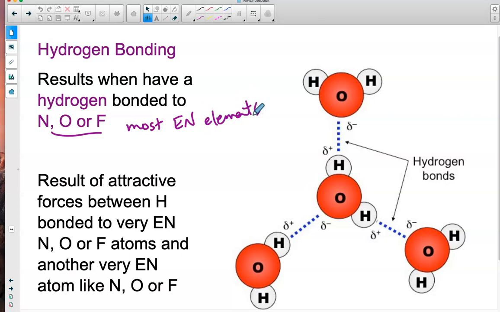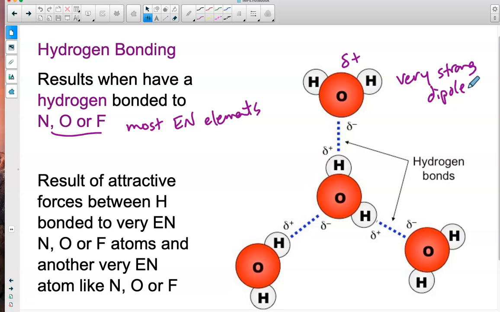So as you can see in water, that sets up a dipole in the molecule, where here this is showing how my oxygen is partially negative, my hydrogen end is partially positive. That's a really strong dipole because the hydrogen is so small and because the oxygen is so electronegative.